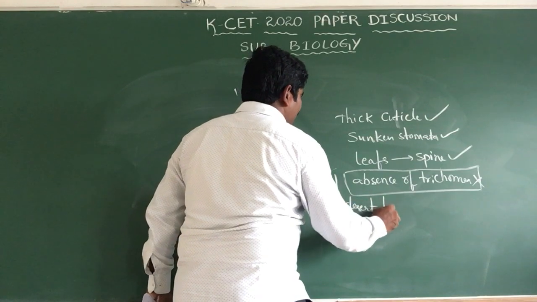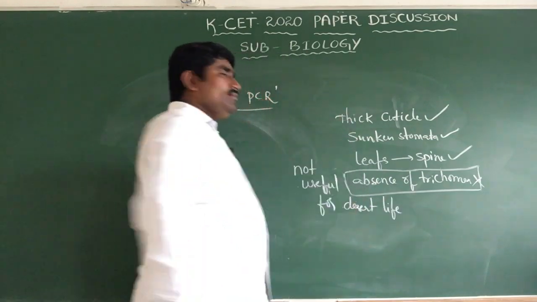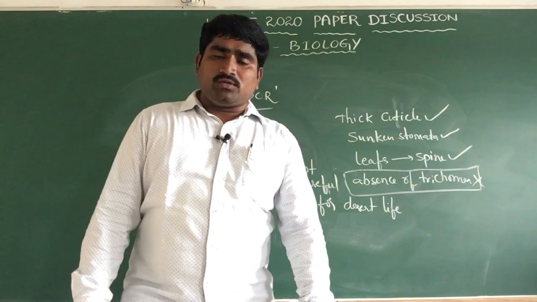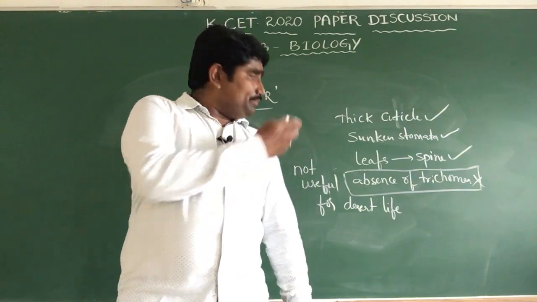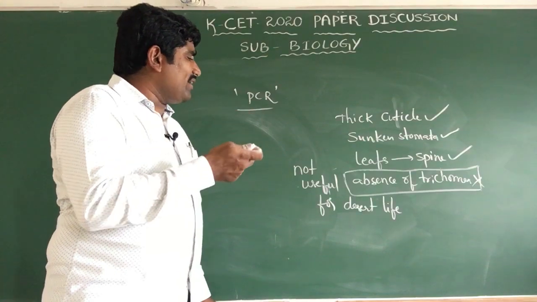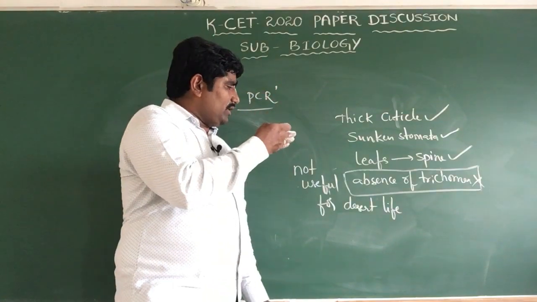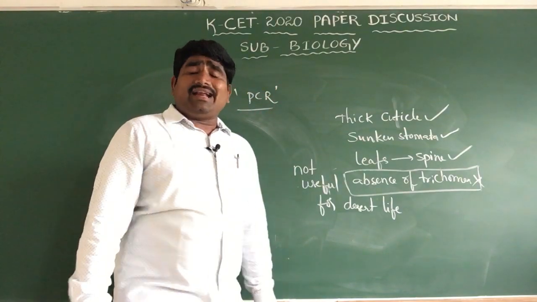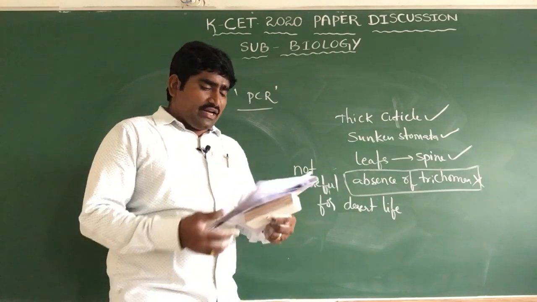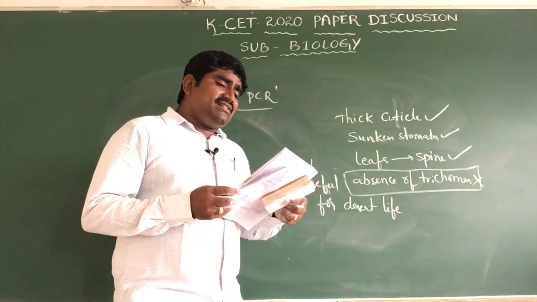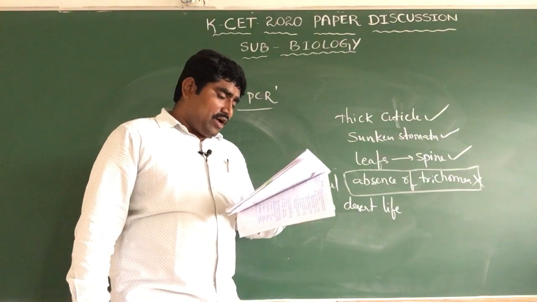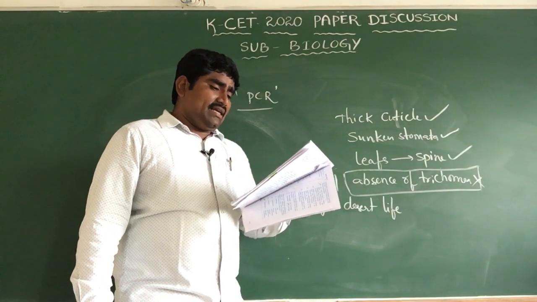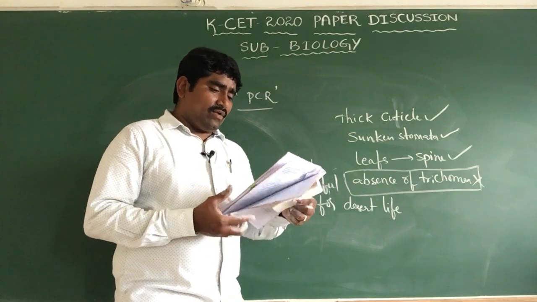So for desert life, this adaptation is not useful: absence of trichomes, because trichomes are required for reducing transpiration. Nowadays, the early diagnosis of bacterial and viral infections in humans is possible by using PCR. That we have discussed. Okay, so 31 is also over.